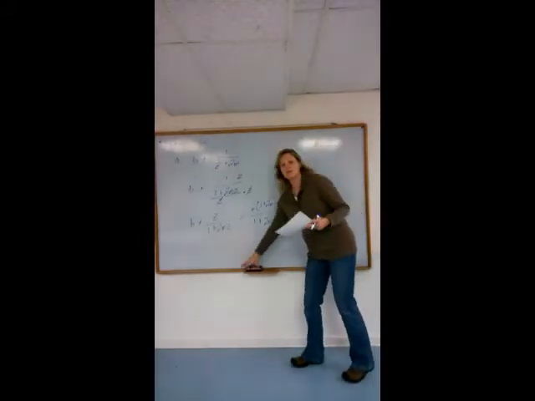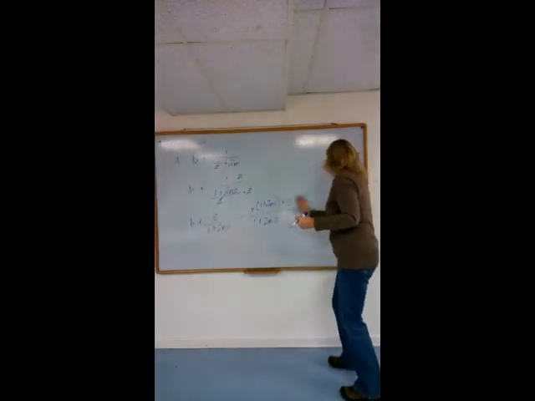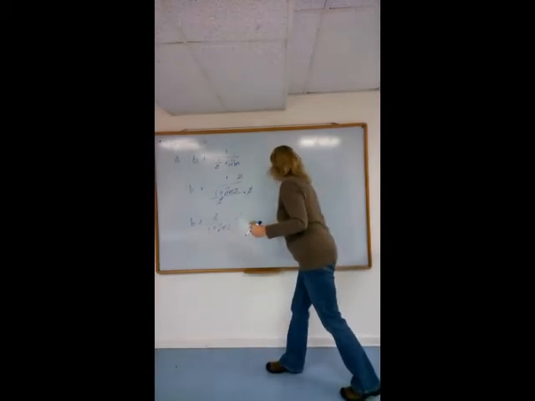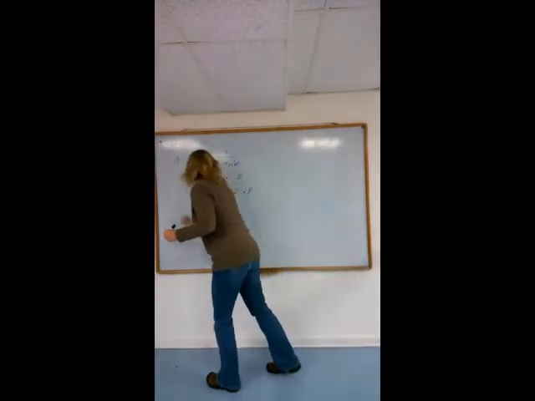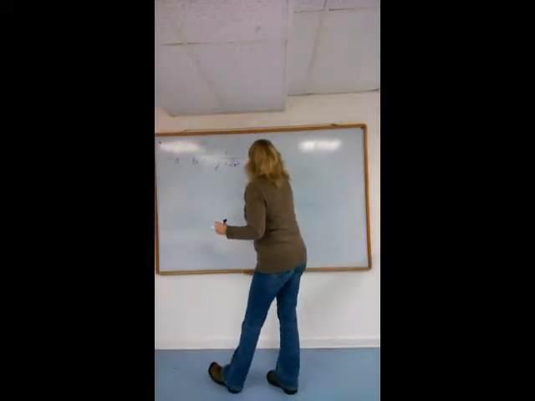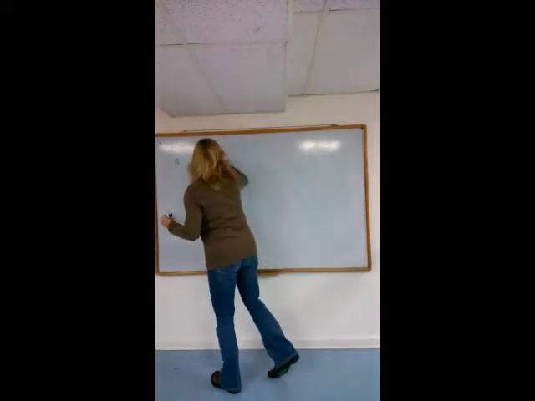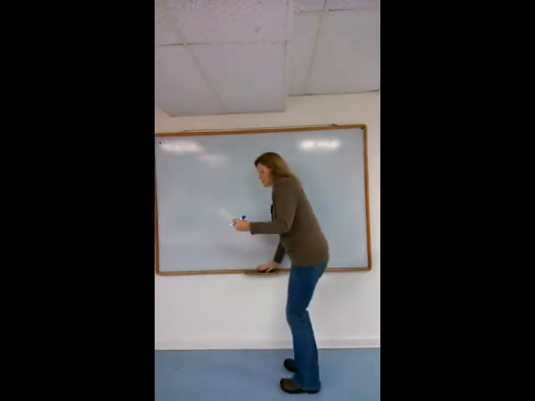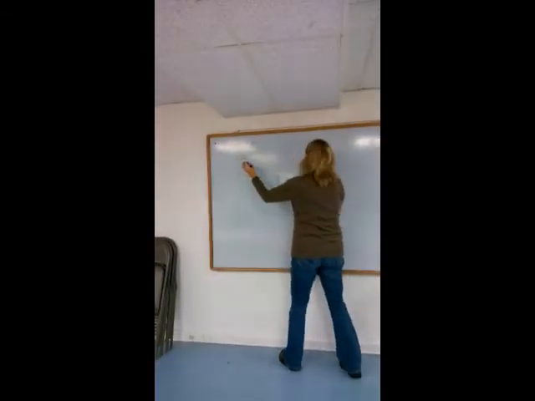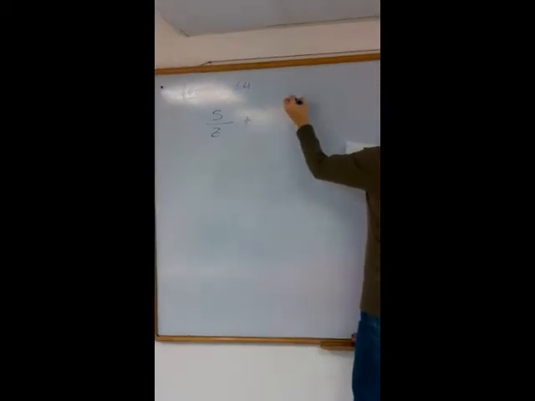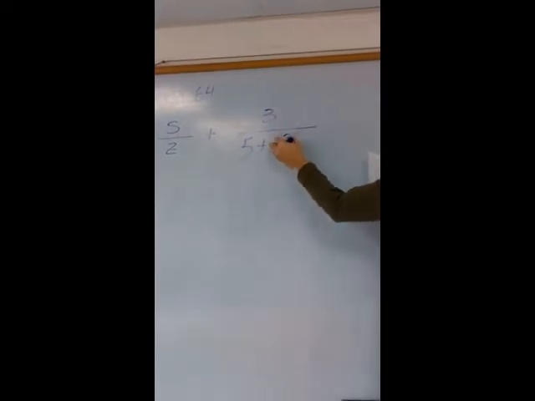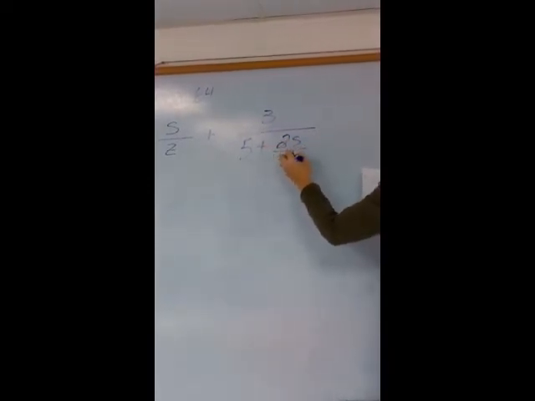So what I'd like to do is do one more example similar to that one. All right, this one starts with s over z plus 3 over 5 plus 2s over z.